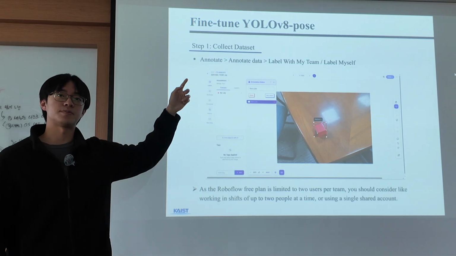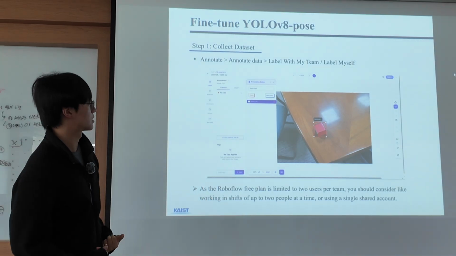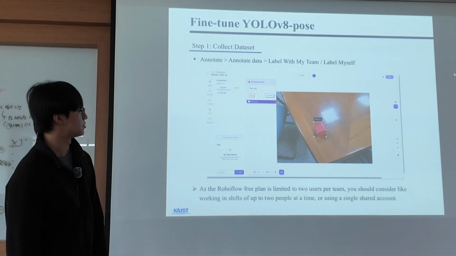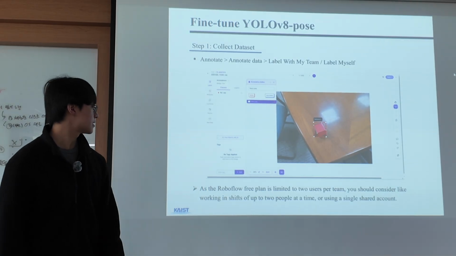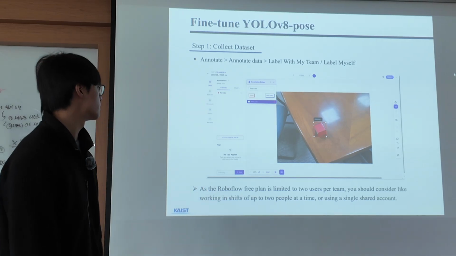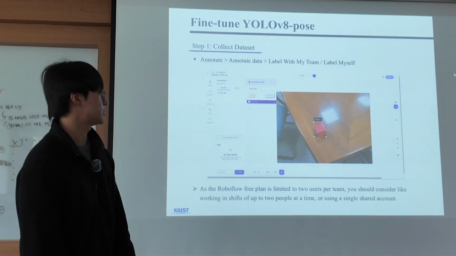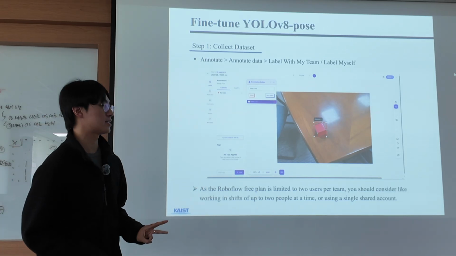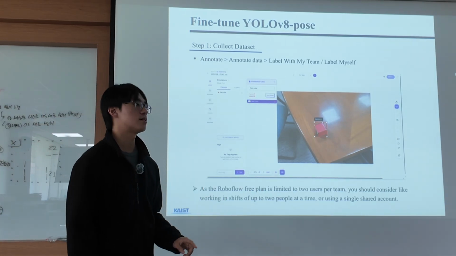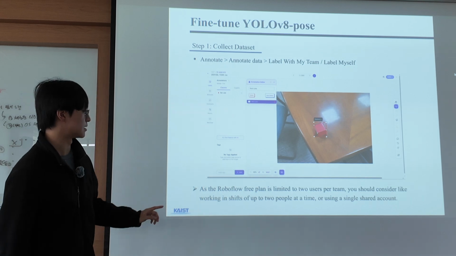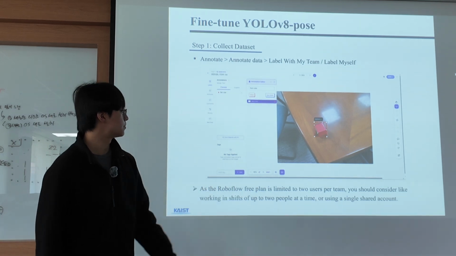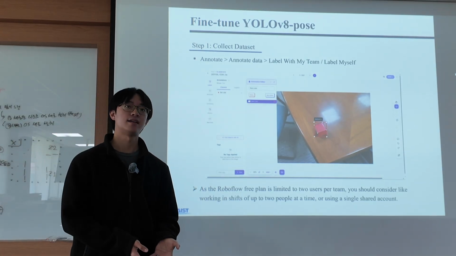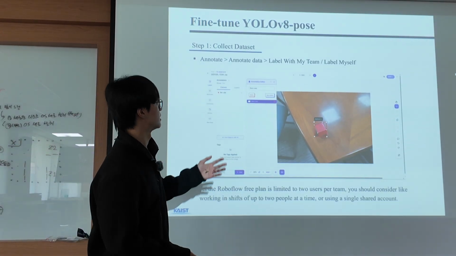Using this website, you can work on labeling the cube dataset with your teammates. But you should know that the RoboFlow free plan is limited to 2 users per team, so if you have 3 team members, you should consider other methods, like working in shifts of up to 2 people at a time, or using a single shared account, like a new Google account.